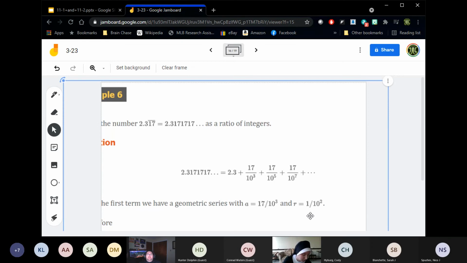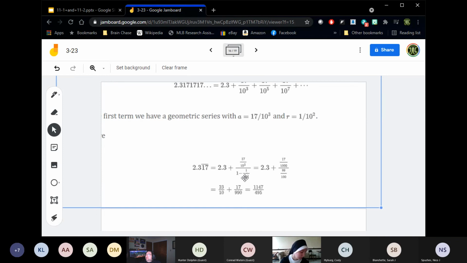So first off, does this series converge or diverge? Nope, this one converges because 1 over 100 is between -1 and 1. As long as the ratio is between -1 and 1, it's going to converge, and this one definitely is. So that means I can use that equation, a over 1 minus r, to do the calculations.